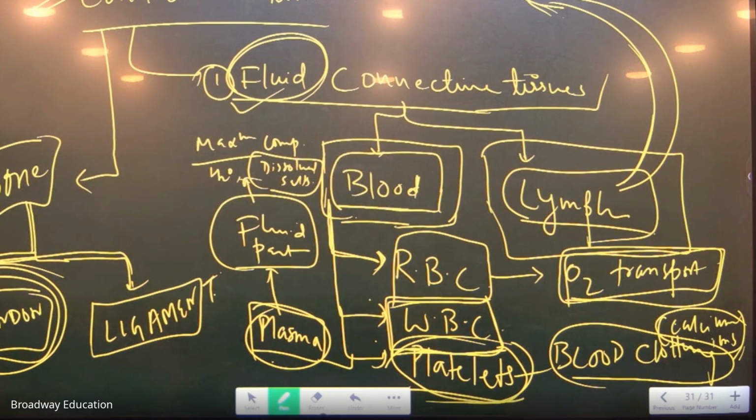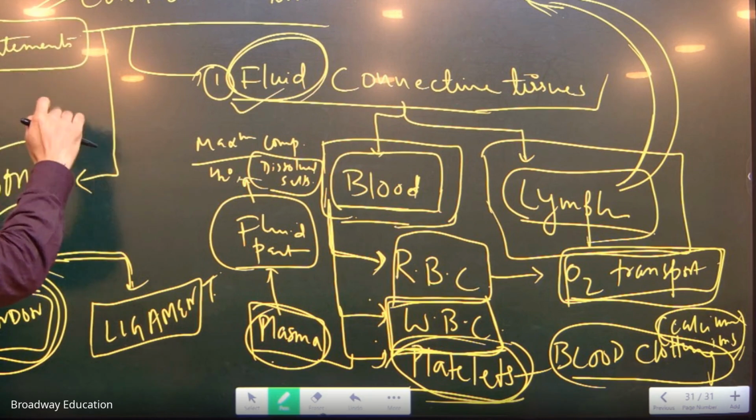Clear? And the next one, please write ligament. Very important. I think this question has been asked earlier in the UPSC. So please try to study when I'm saying these things.